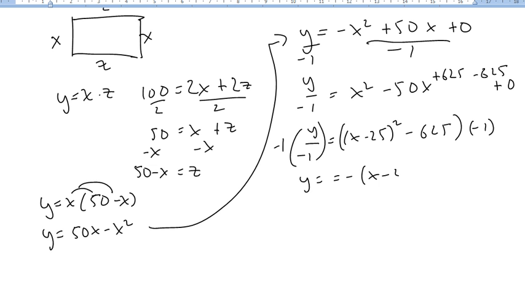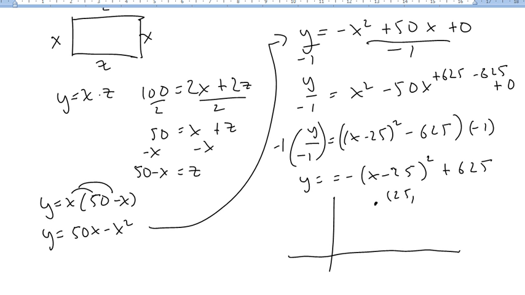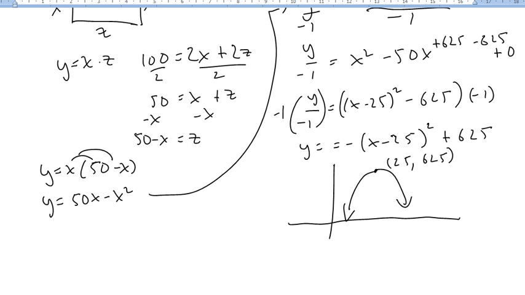That was supposed to be a 5. All right, so let's have a look here. We're going to have a vertex at 25, 625, and we're going to be opening down because of the negative. So we're going to have a max of y equals 625 at x equals 25.